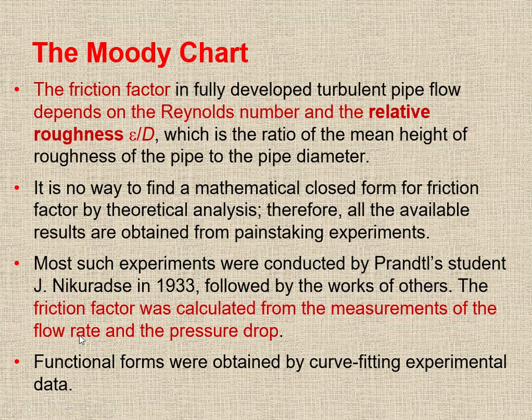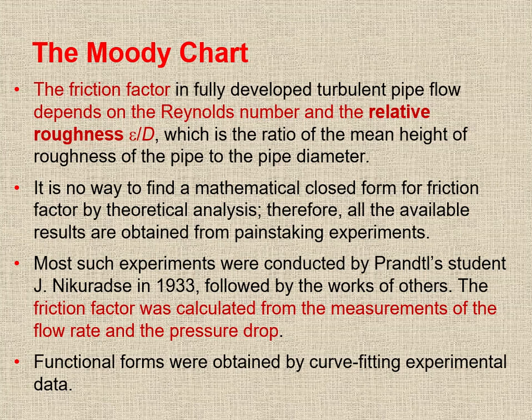We will see this in more detail. The friction factor was calculated from the measurement of the flow rate and the pressure drop. We increase the flow rate and observe the pressure drop, how the pressure drop varies as we increase the flow, and we also change the pipe size and use different diameters.